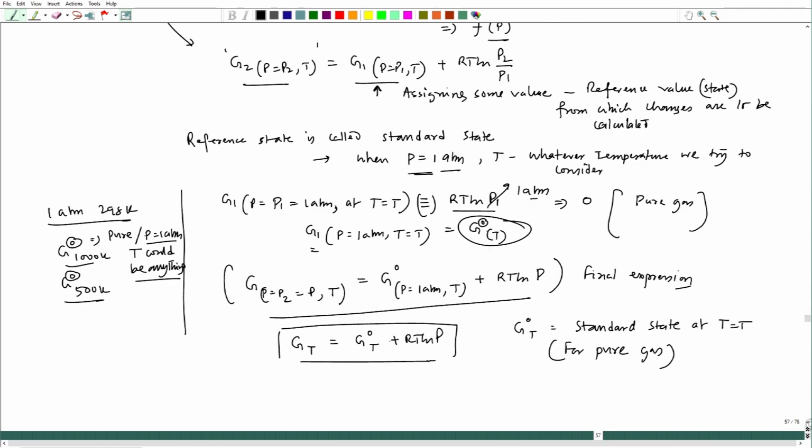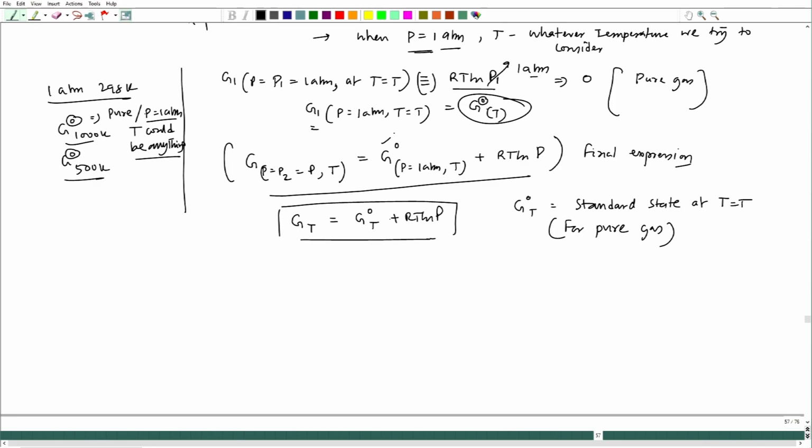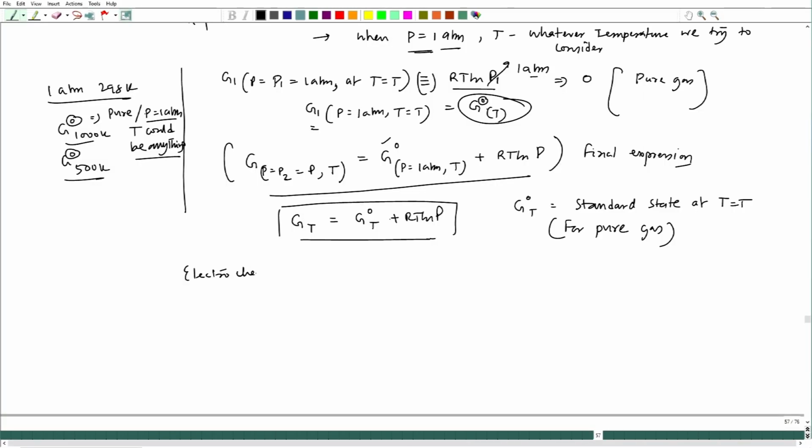Now, while discussing this, we do not know what the value is. It could be anything. While doing that assignment, we also assign some values. Let us see in electrochemistry. In electrochemistry, we assign the free energy of hydrogen ion to be 0 at 298 Kelvin and 1 atmosphere pressure, so we could take it as 0 joule, fine.